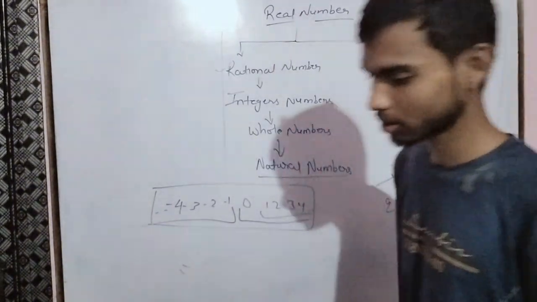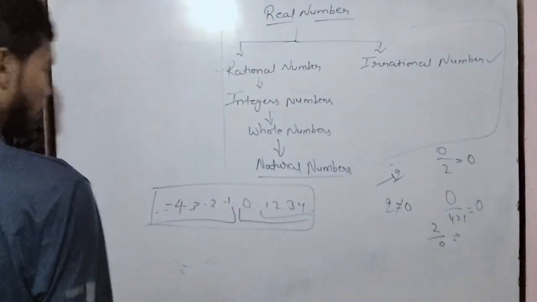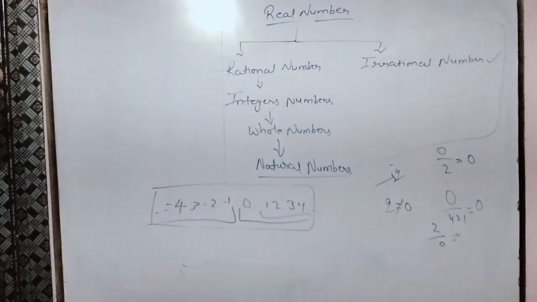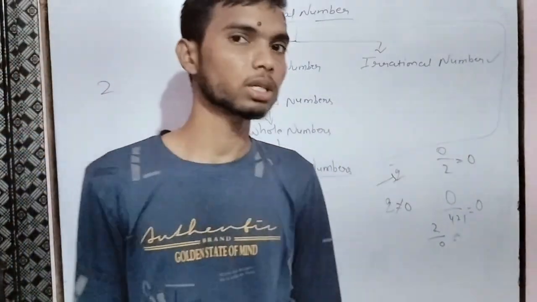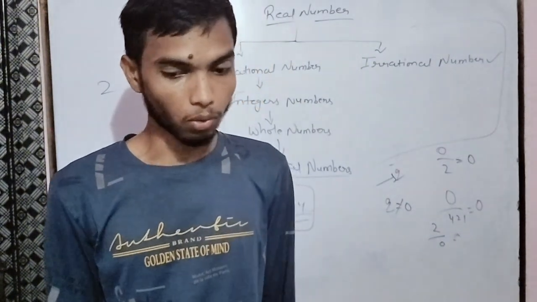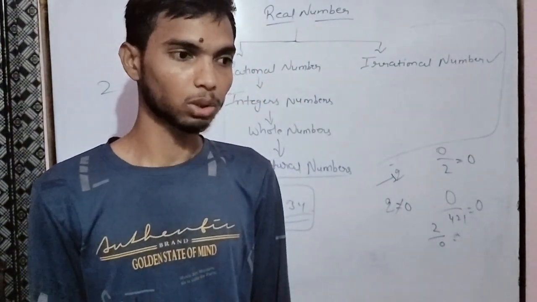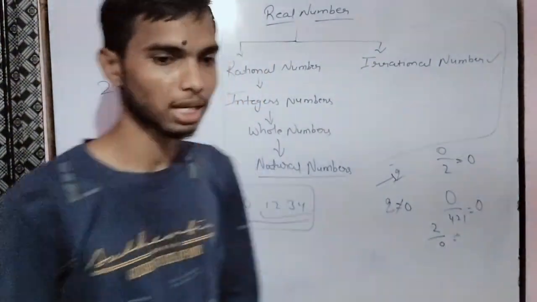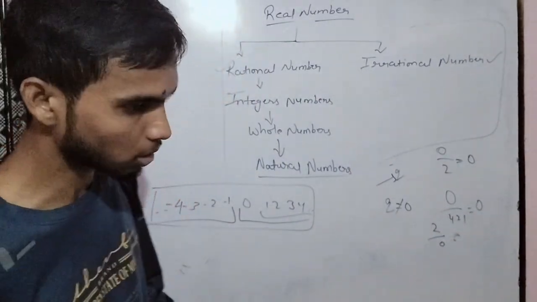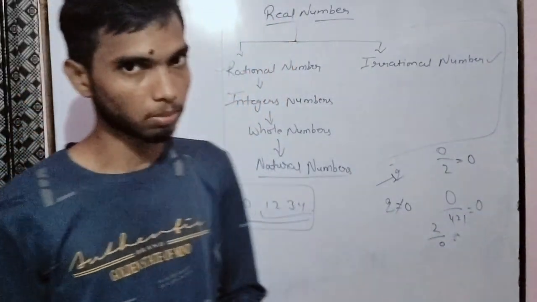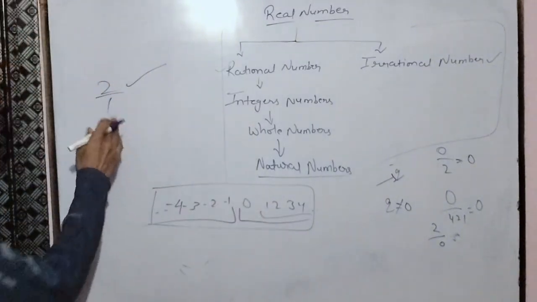Real numbers. When Kishan says that 2 is a real number, we can say 2 is a natural number, 2 is a whole number, 2 is a rational number. It can be written as 2 upon 1.